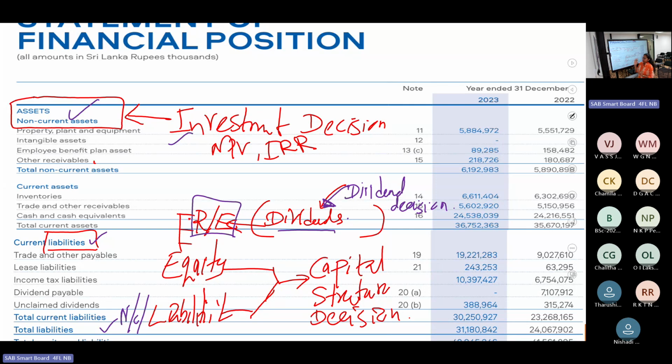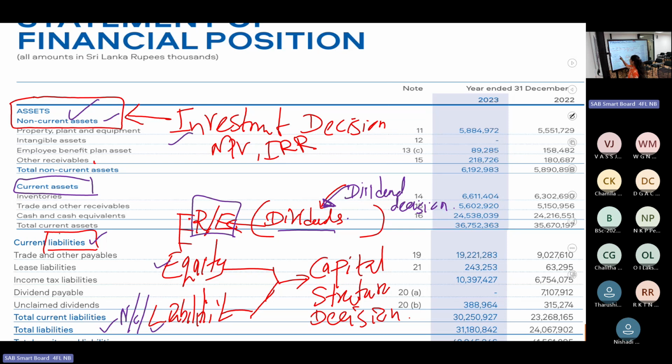Now, what are the remaining components? If we remove the non-current assets, the equity and the non-current liabilities, within the financial statement there are only two items to consider, and these two items are the current assets and the current liabilities. Now the question is which decision is looking at these.